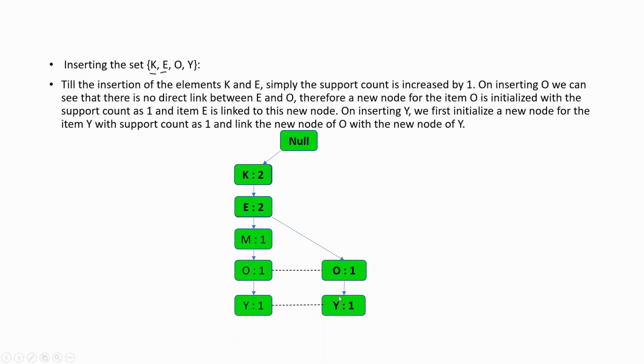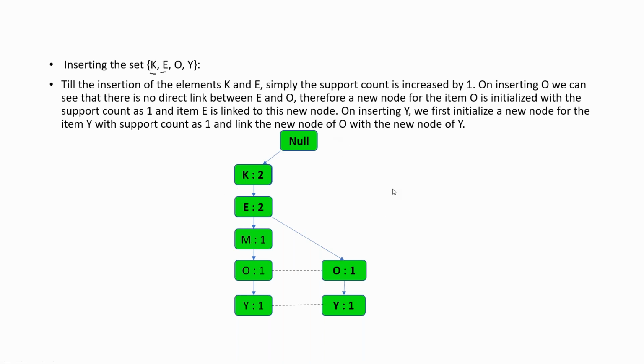That's why we do not increase the count of this O and Y. But K and E we used the previous one. That's why we will just increase the count of K and E. Fine. In the same way, we will insert all the frequent item sets in this FP tree.